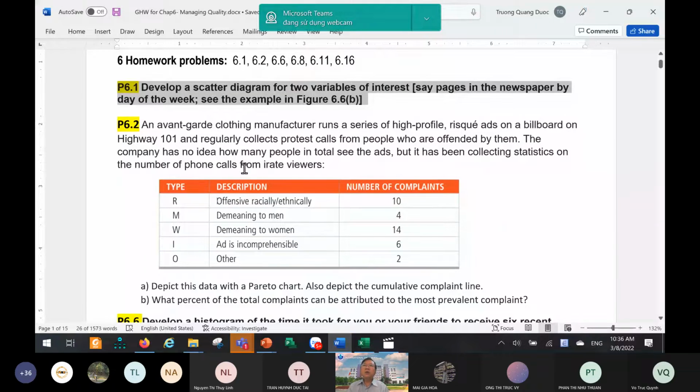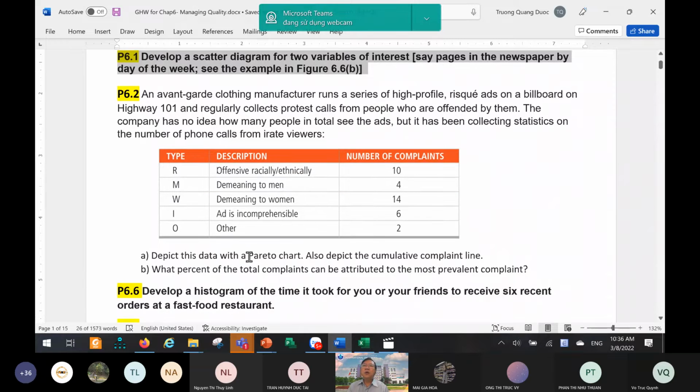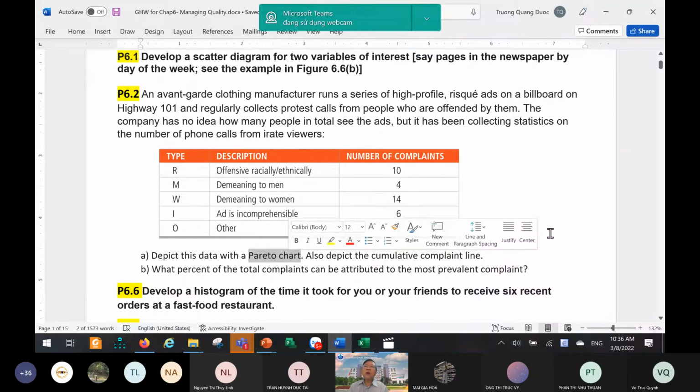Number 2, they ask you to draw the Pareto chart, and what is the complaint from the customer, so how you can get the complaint, what is the more prevalent complaint.